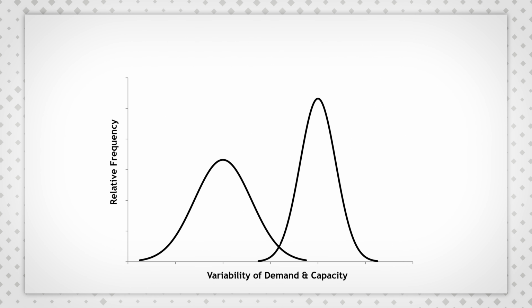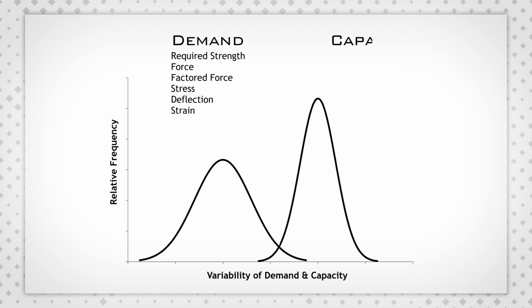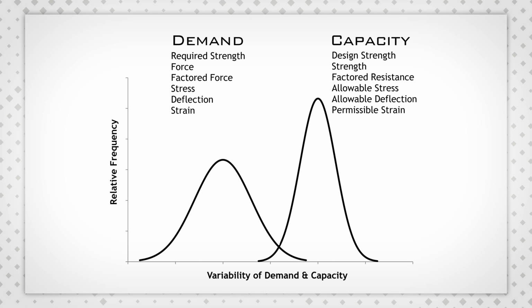This module has been focused on demand, primarily loads. The other side of the equation is capacity. As long as the structure's capacity is greater than its demands, it will perform as intended. In structural steel design, this is called required strength and design strength. How much of the demand and capacity curve overlaps is a function of our society's acceptance of failure, which is built into safety factors.